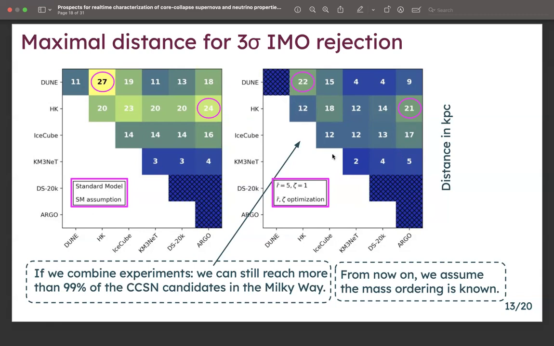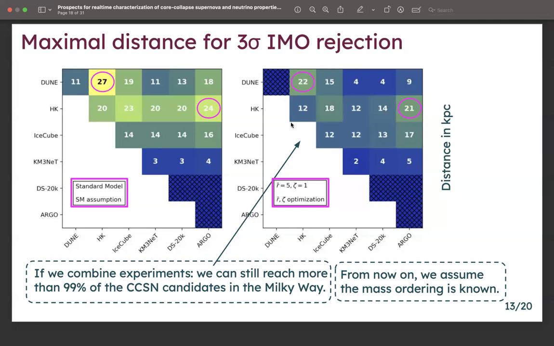And on the right, it's kind of the worst scenario where we have some BSM scenario, but we don't know which one, so we have to leave R and zeta open. So on the diagonal, what you see are these maximal distances that can be reached with individual detectors. And then the off diagonals, what happens when you start combining 2 detectors.